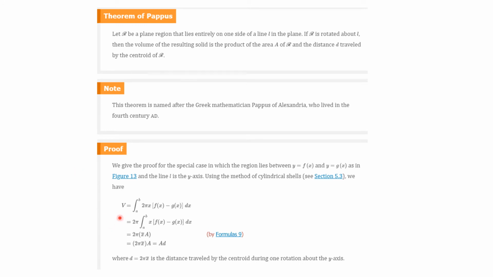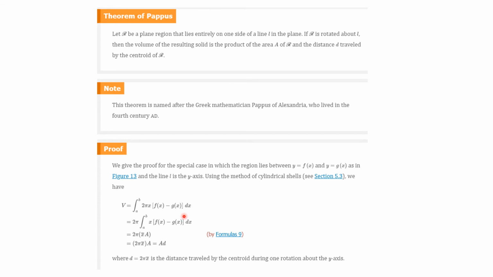Now here's the proof. We know from our previous work that the volume is going to be equal to the integral from a to b, and this is the shell method, of 2 pi x times the difference between the top function and the bottom function.